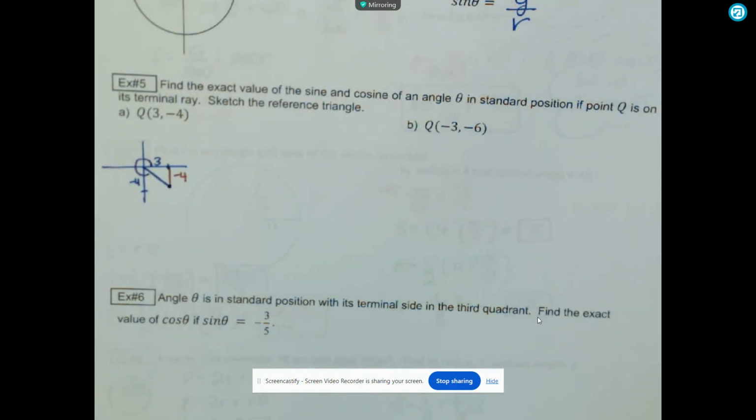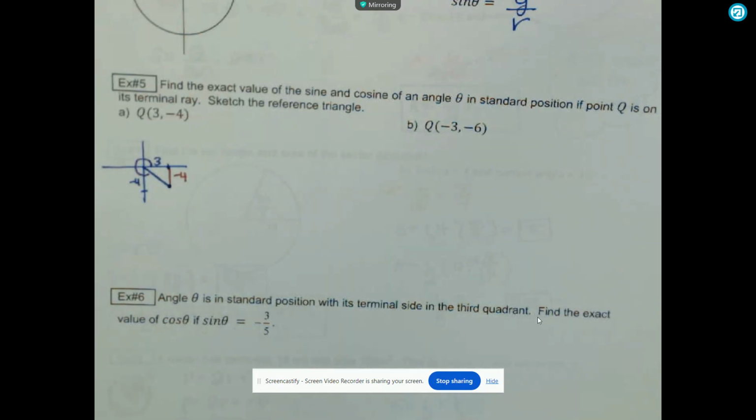Now you may not remember your special right triangles. You may not have ever been taught them. But you can find the missing side of a right triangle by doing what formula? Pythagorean theorem, yes. I'll work it out this time in case y'all don't remember, but 3, 4, 5 is a special right triangle.